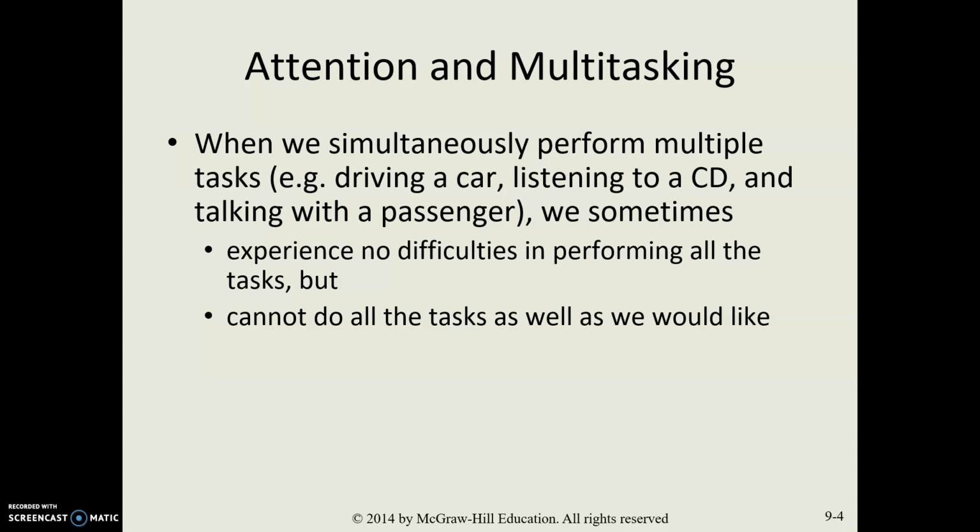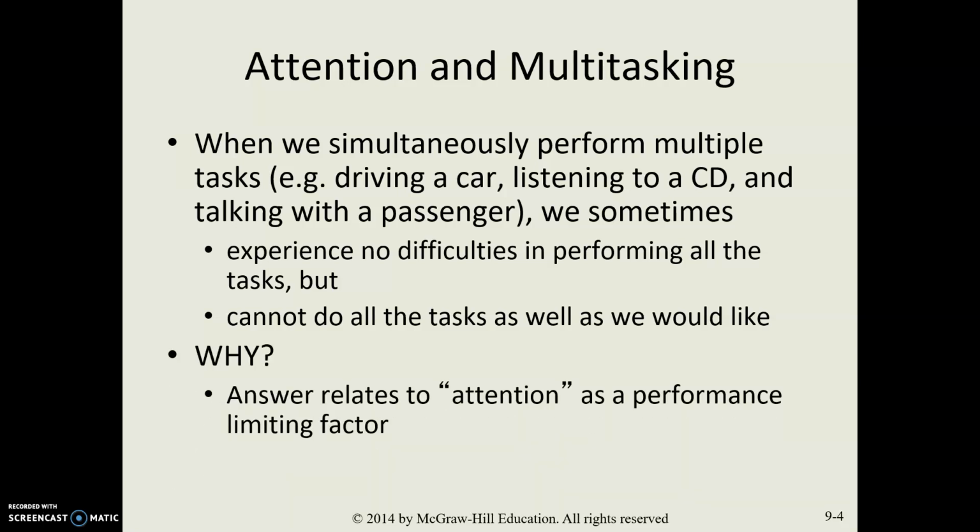As we attempt to multitask, there are times that we have no difficulties and we're able to do all tasks relatively well. But there are other times where we cannot. And obviously, there's a point where we cannot attend to anything else. So we do have a limitation on how much multitasking we can be successful at.